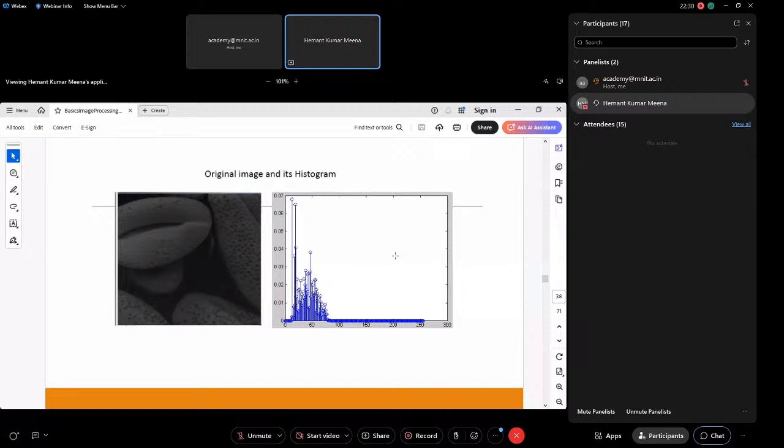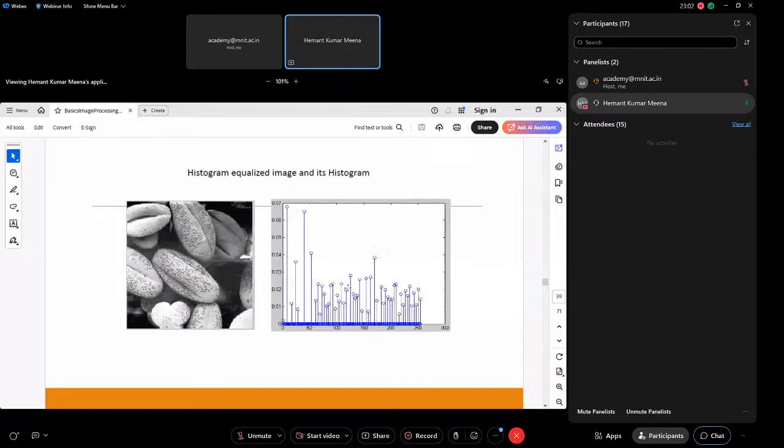So again, it is basically another image. This is the original image. If you really see this image, it is not a very clear image, it is a very dull image, because the maximum values are in the low intensity, less than 100.